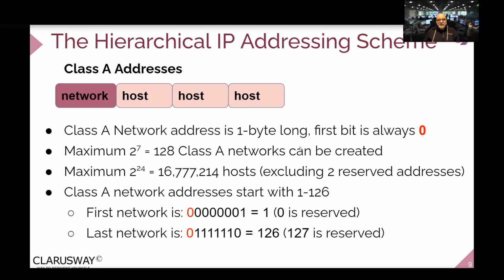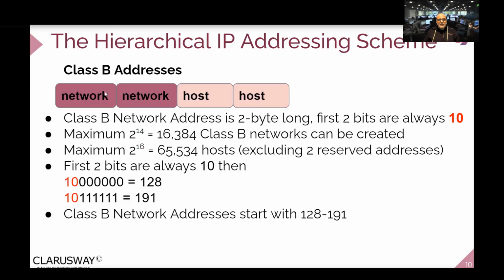So this is the Class A networking scheme, or IP addressing scheme. When we go to Class B, the only difference between Class A, Class B, and Class C is the size of the network, that is, the number of networks and the number of hosts per network.